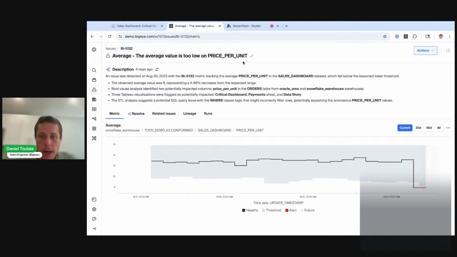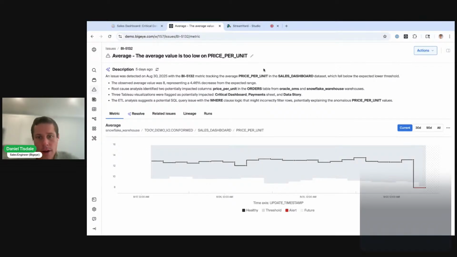And because we're also able to analyze and understand the ETL code that is responsible for any of the transformations across different systems, we also have a nice suggestion that's highlighting that there's potentially an issue with the where clause logic. And this description is leveraging some generative AI, so it's going to take all of the context into consideration and make what's presented as easily digestible as possible.